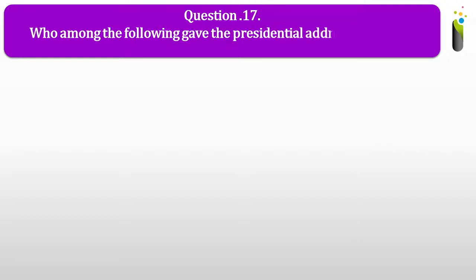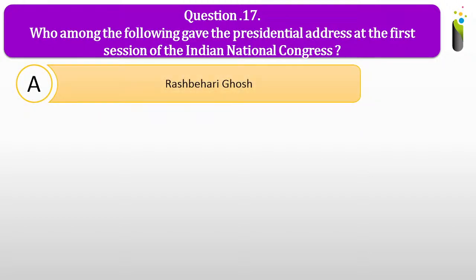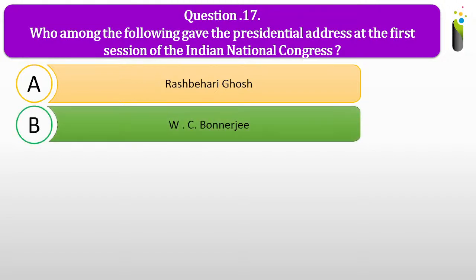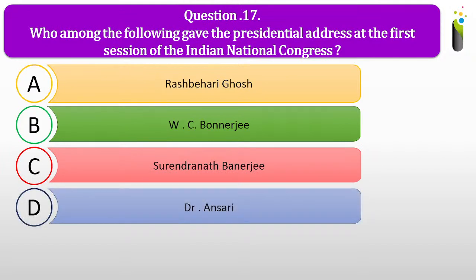Question number 17. Who among the following gave the presidential address at the first session of the Indian National Congress? A. Raj Bihari Ghosh, B. W.C. Banerjee, C. Surendranath Banerjee, D. Dr. Ansari.